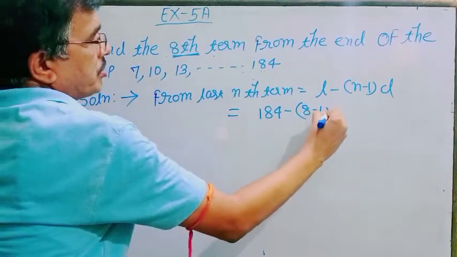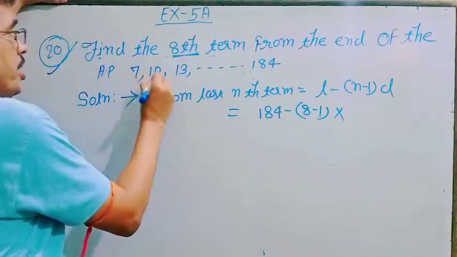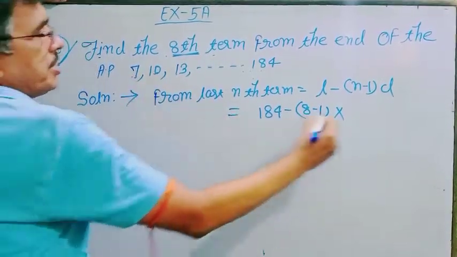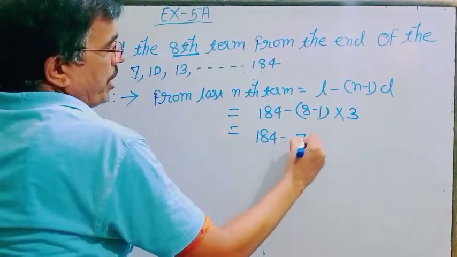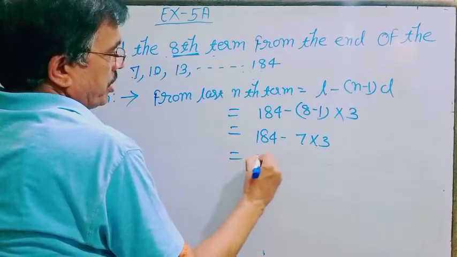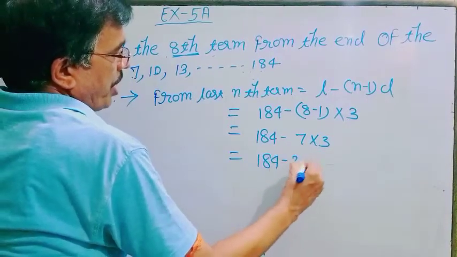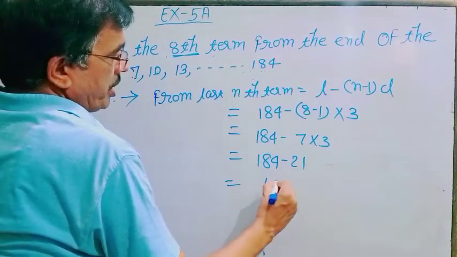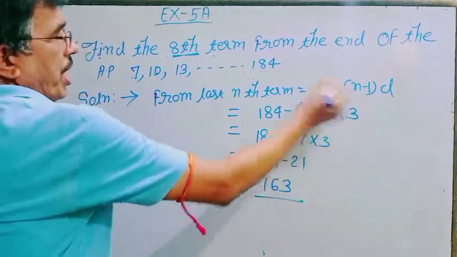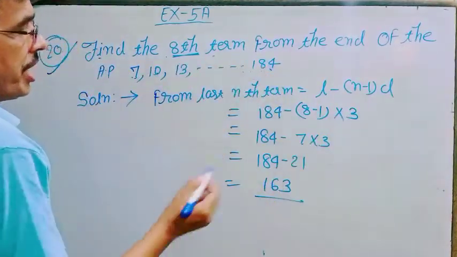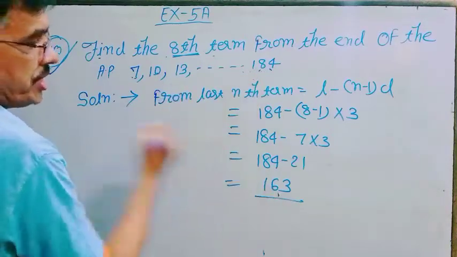Then 8 minus 1. What is D? D is 3 because 10 minus 7 is 3. Then it is 184 minus 7 into 3, that is 184 minus 21, then it is 163. So from the last of this AP, the 8th term is 163.